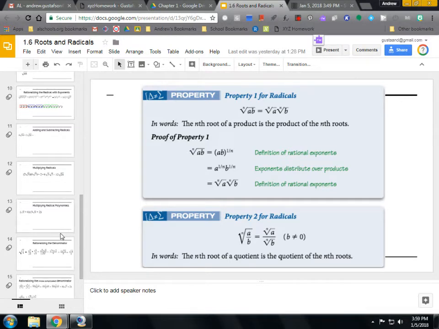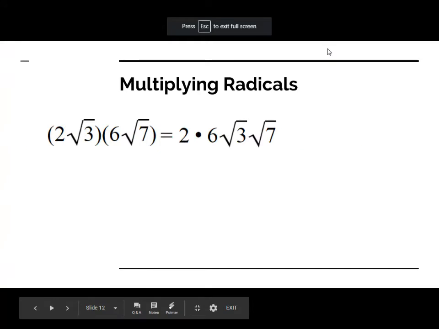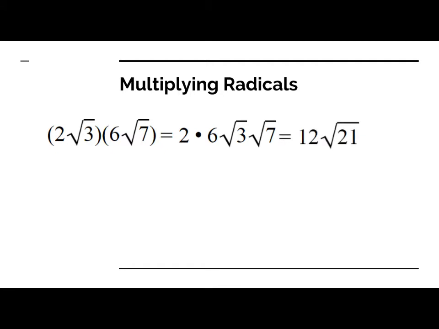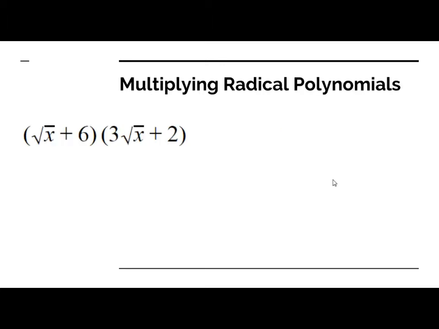So the square root of 3 times the square root of 7 is just going to be the square root of 21. So multiplying radicals is a little bit faster in that you don't need a common denominator like you do for adding. We just multiply the radicals together, multiply the whole numbers, the coefficients, together, and get our result.